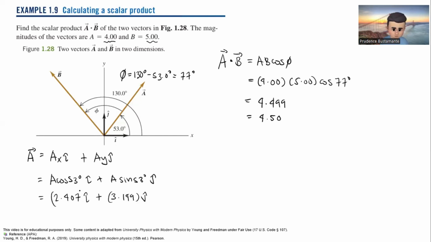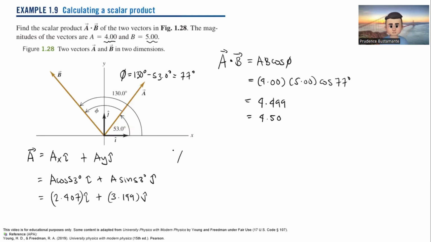We have here four significant figures. If we are not yet at the final answer, we are allowed to have as many significant figures as possible, so that we can have an accurate answer.